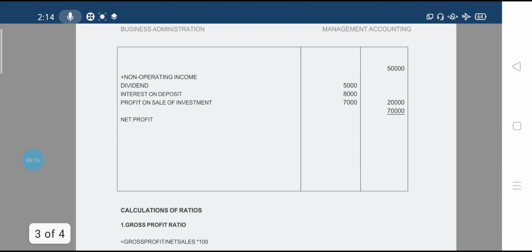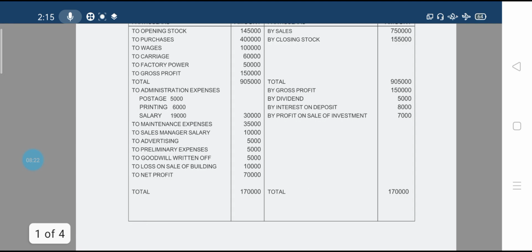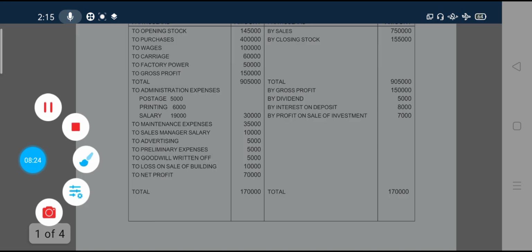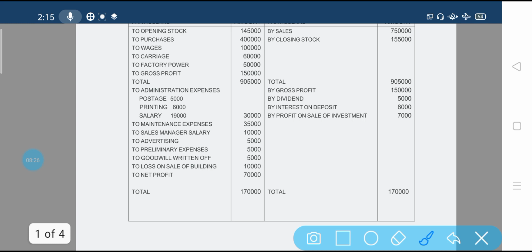Next we have to add the non-operating income. So let's see what all the non-operating income is in the given P&L account. On the credit side of the P&L account: dividend, interest on deposits, profit on sale of investment.